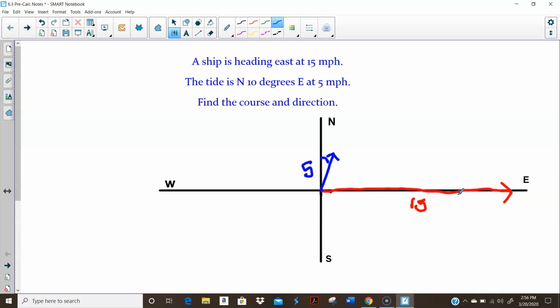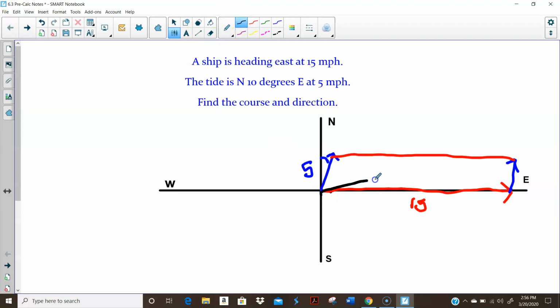So what we're going to do is draw a parallelogram. And so here's our parallelogram. And the resultant force is going to be this diagonal in the parallelogram.